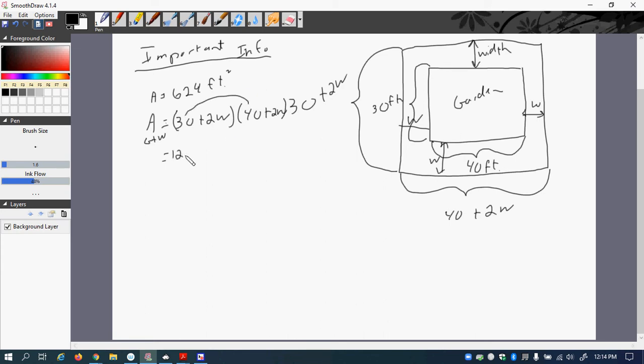That's 1200, then 60W, 80W, and then 4W squared. And so now my area is 1200 plus, and 60W and 80W are like terms, so that's 140W plus 4W squared.